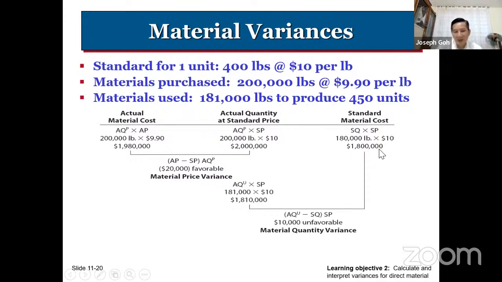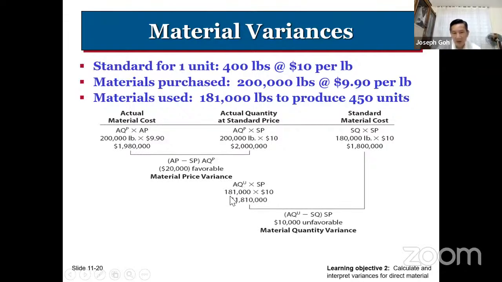So you will definitely make a comparison. Here is the actual quantity you use, and here is the purchase, so you have to make a difference. Here's the use: you use 181,000 quantity for the production at the standard price of 10. So you can compare now. You use 181,000 compared to the standard set of 180,000. Actually, you overuse the chemical by 1,000.